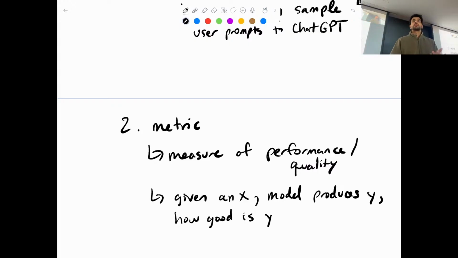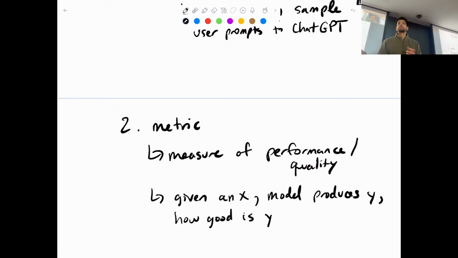Our model spits out a translation, and now we need to come up with a way to score how good that translation is. In some cases with a metric, you'll have external information. For example, a reference translation that a human has created, and you can measure the LLM's translation in comparison to that reference.